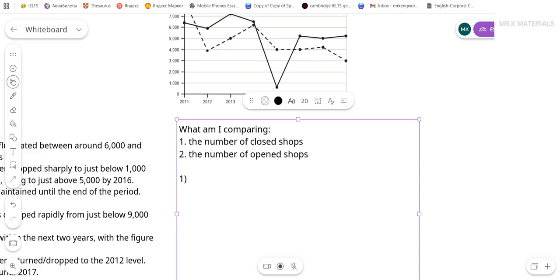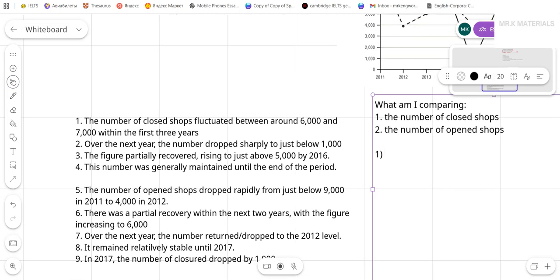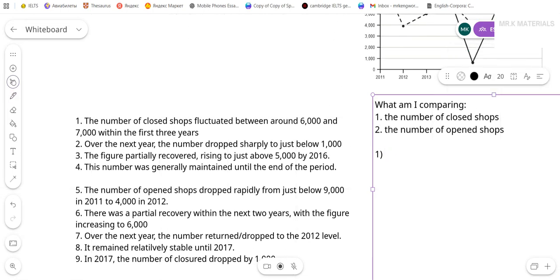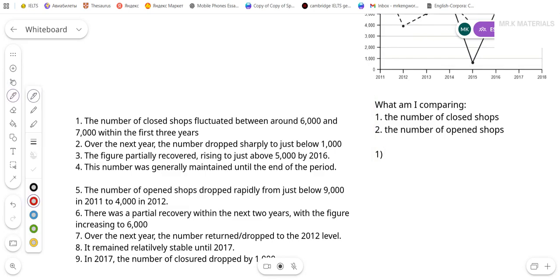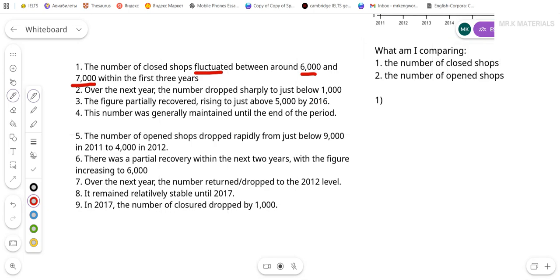Let's take a look at our key features. So we're saying that first, closed shops fluctuated between these quite high numbers, whereas in the case of open shops, we're seeing a huge, very noticeable decrease. Here, the difference is only 1,000. Here, the difference is 5,000.